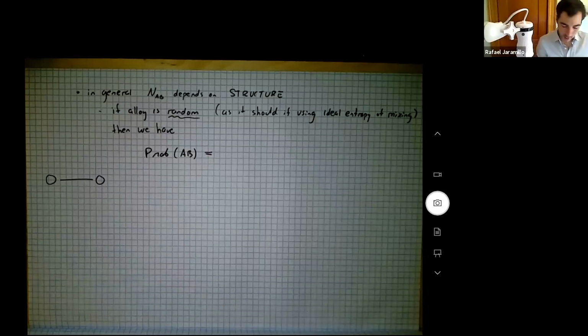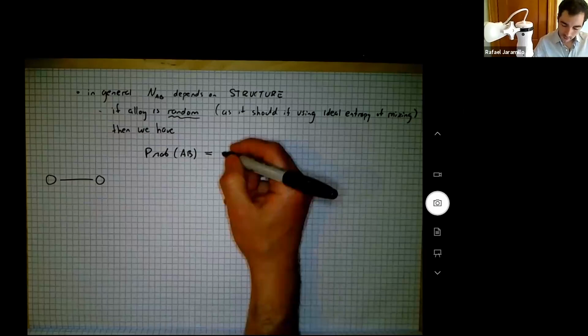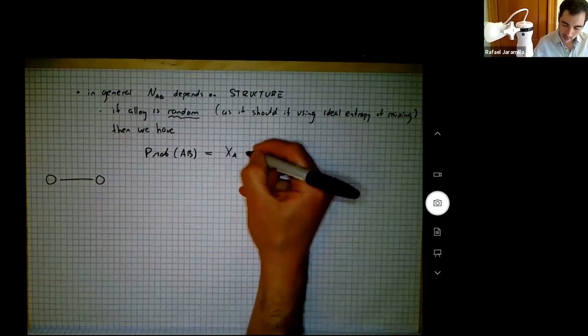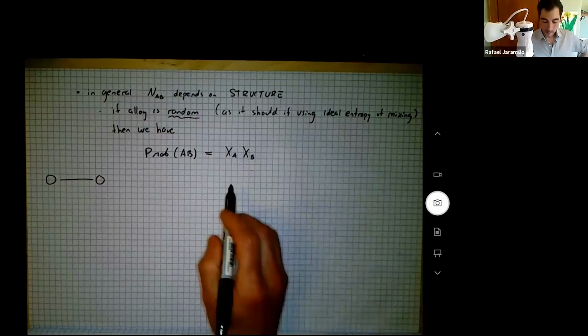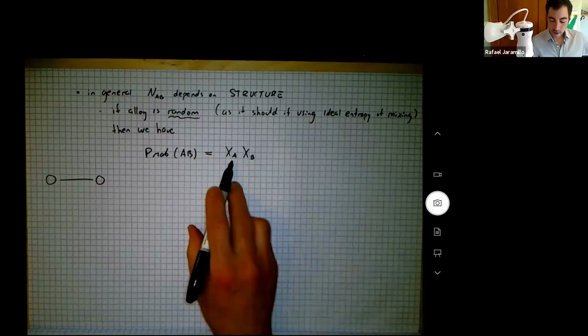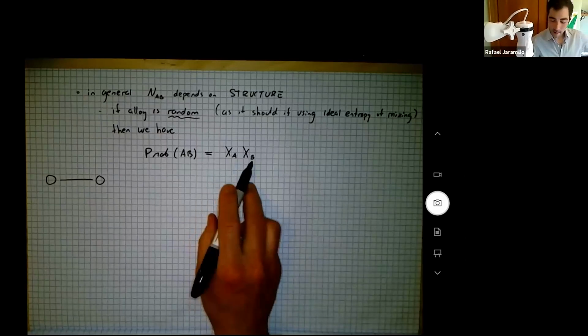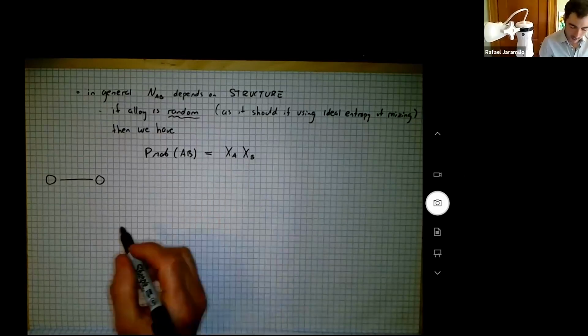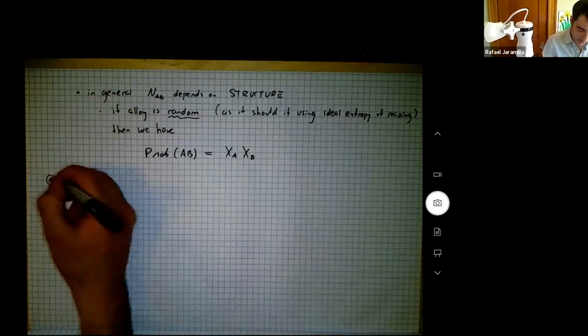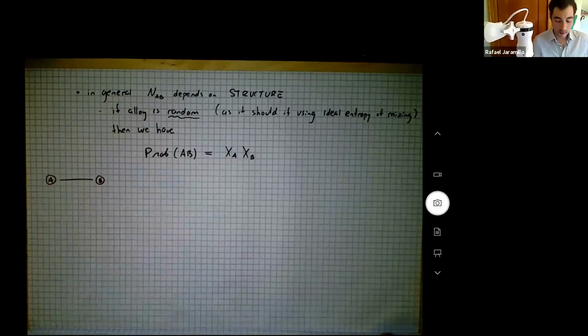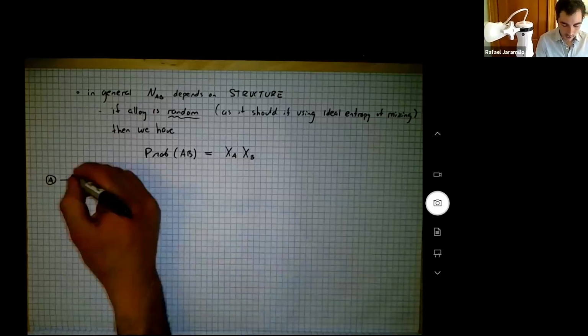Well, you can have the first atom being A and the second atom being B. That's a conditional probability, right? Sorry, they're disjoint, they're uncorrelated probabilities, but this is a joint probability because we want A and B. That's an AB bond.